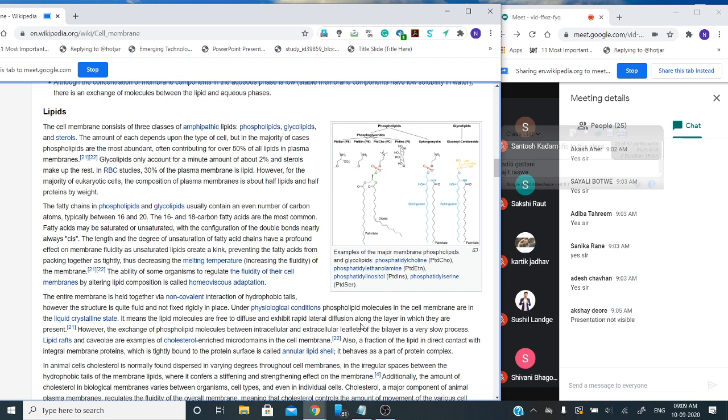A fraction of lipids is in direct contact with the integral membrane proteins, so we call them lipoproteins also. They are tightly bound to protein surfaces. They are called annular lipids, and they behave as a part of the protein complex.